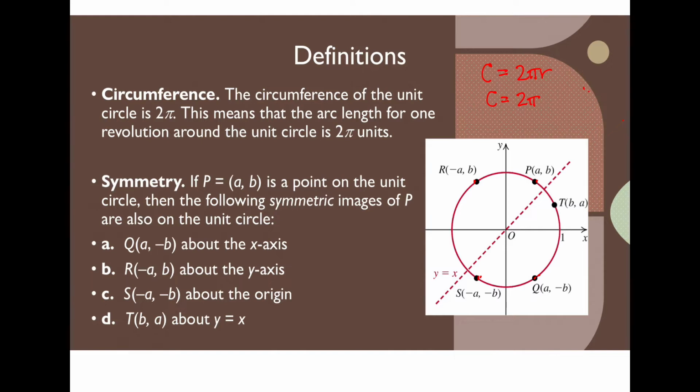Symmetry also, a circle gives us a lot of symmetry, almost all the symmetry you'll ever need. So for example, let's just take this point here, (A, B). If I fold it across the y-axis, I can see that there's going to be another point that's also on the unit circle. Notice that they have the same height, right? That's why their B is there.